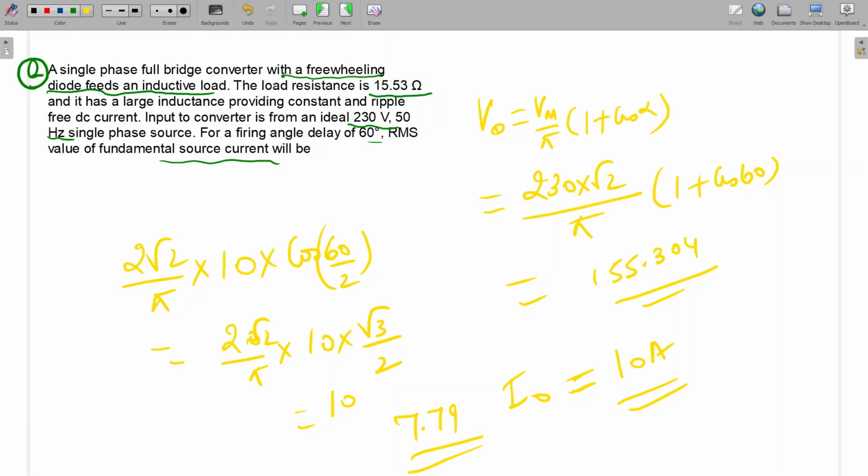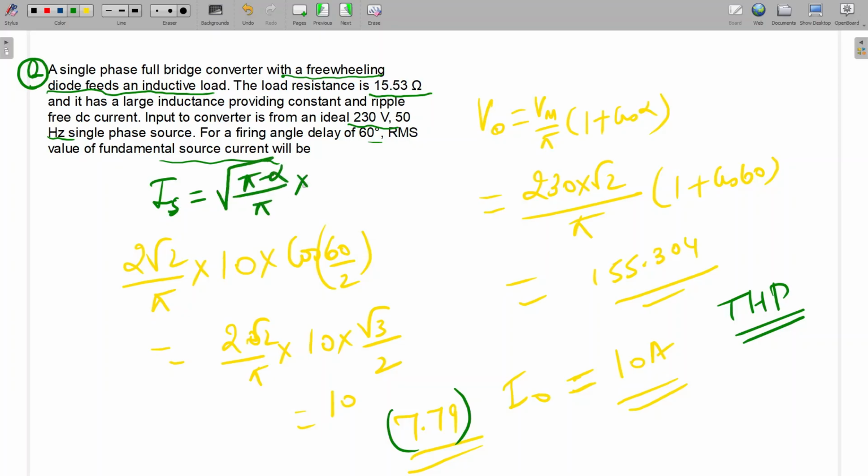So can we calculate THD also here? What will be the THD? THD for IS is IS1 by IS. We can calculate and check the value of THD. IS1 we already know, 7.79. What is the IS value? IS will be pi minus alpha divided by pi into I naught.